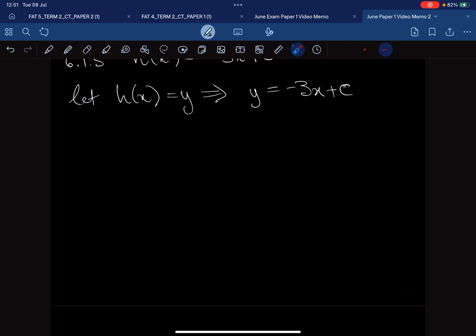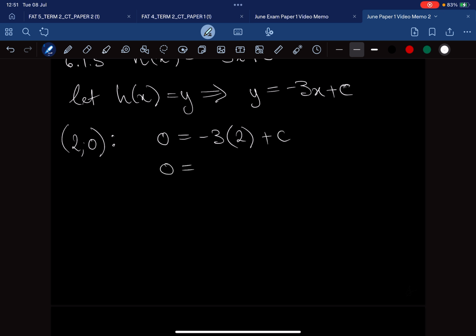It's (2, 0). So again, I've got 0 equals negative 3 times x, and x here is 2, plus c. So 0 equals negative 6 plus c. So c equals 6. Does that feel familiar?